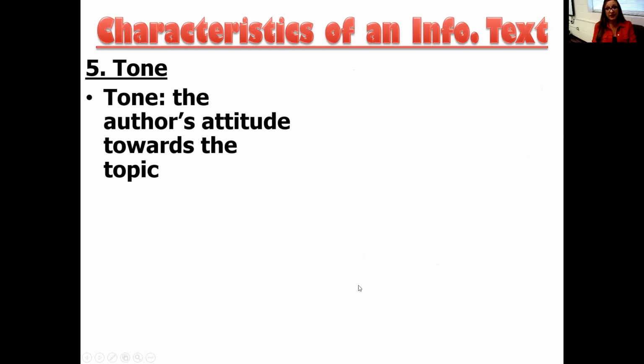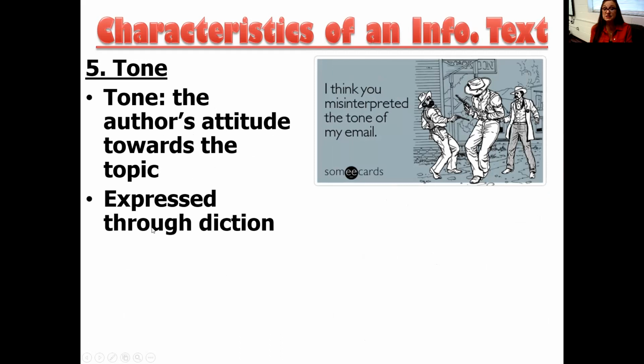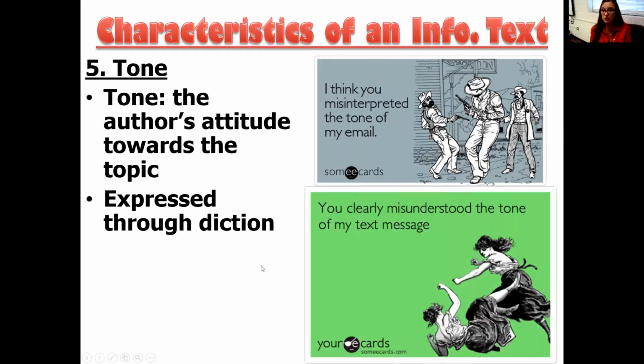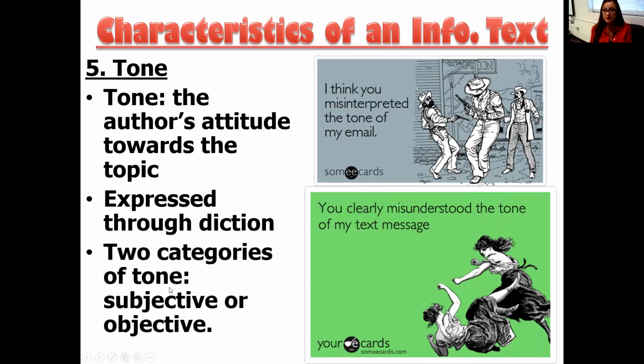The tone is the 'tude, I like to say. The tone is the author's attitude toward the topic. The author may be in favor of something, he may be against it, but you can tell by the word choices that he used. It is expressed through diction, through those words that we choose. Two categories: it can be subjective or objective.